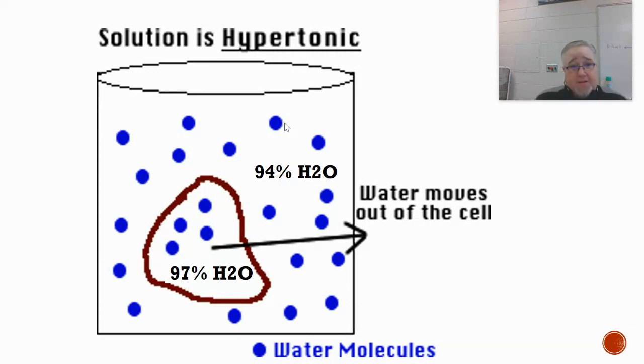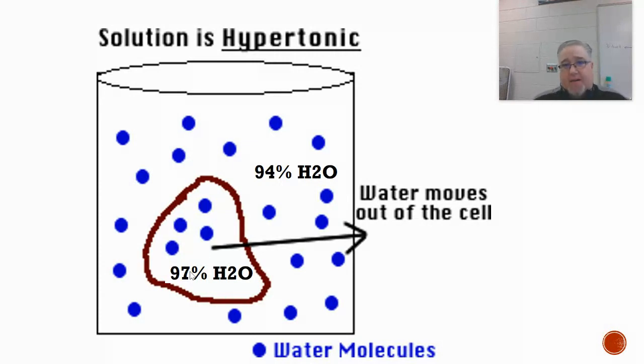So here we have just a little picture, and here we have the cell. Let's say on the inside of that cell is 97% water. The other 3% are solutes, or things that aren't permeable. They won't move back and forth.